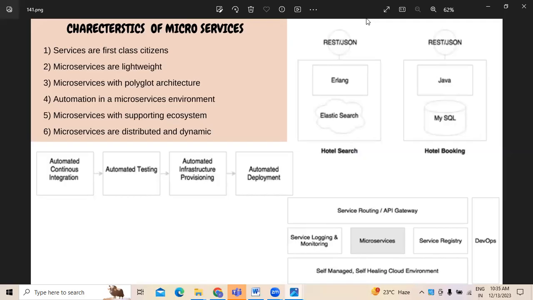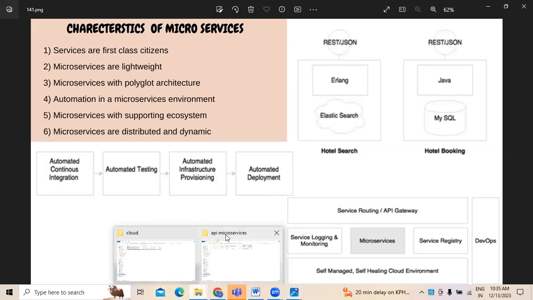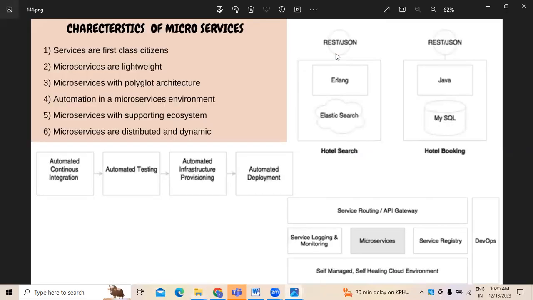Based on the business units and functionalities, the implementation of microservices can be distributed as well as dynamic. These are the different characteristics of microservices which we normally follow whenever we implement them.